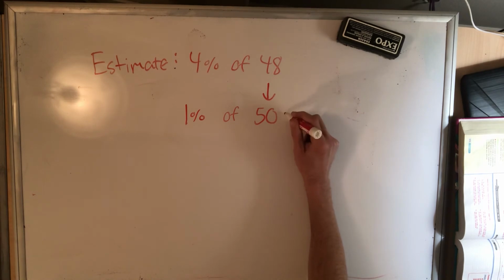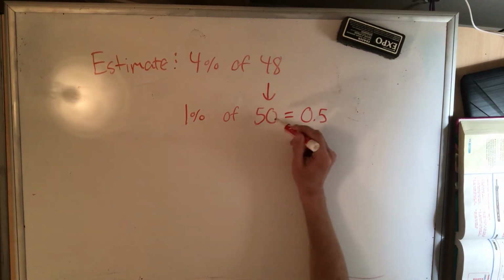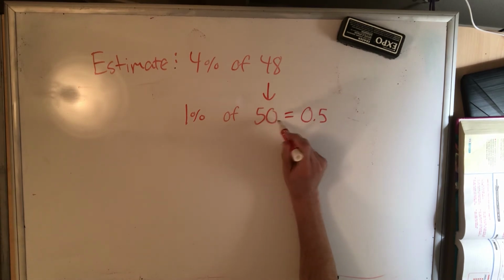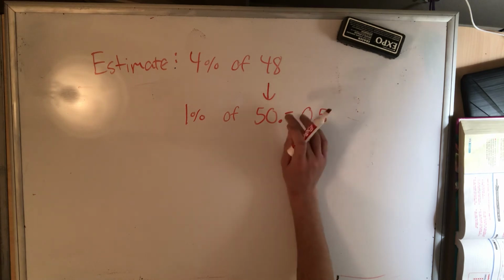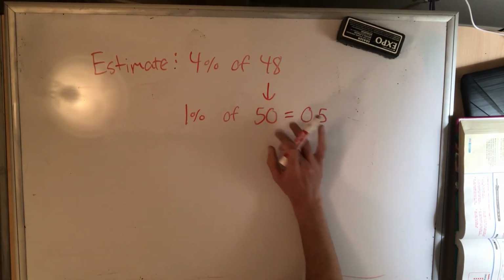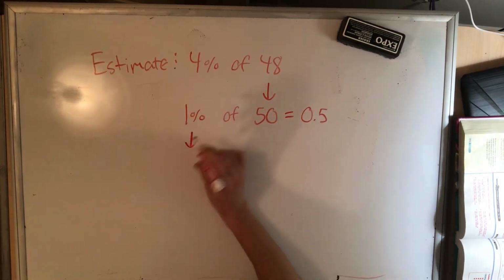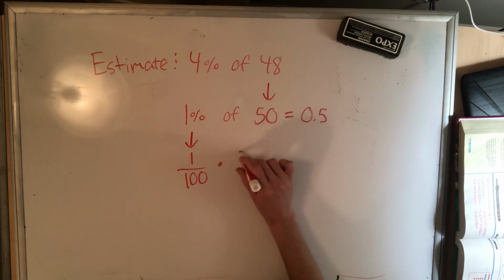1% of 50 is 0.5. Because if there's no decimal point, you can imagine the decimal point being at the end of the number. So you can think of it this way. 1% is 1 over 100. Of 50 means times 50.